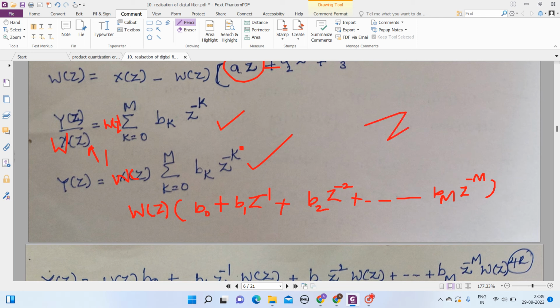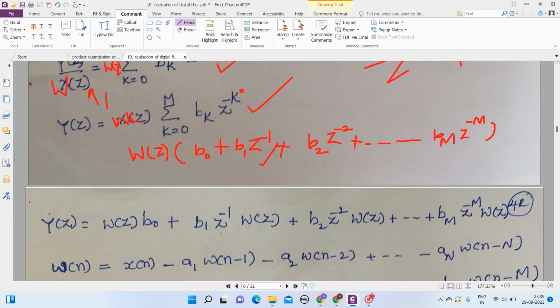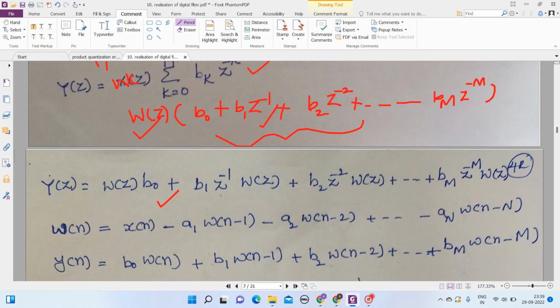You know very well, z to the power of 0 is 1. Next, the k value is 1: b1 z to the power of minus 1. Similarly, substitute up to the k value m: b subscript m, z to the power of minus m. Thereafter, you multiply this W(z) with this equation. So it becomes like this.